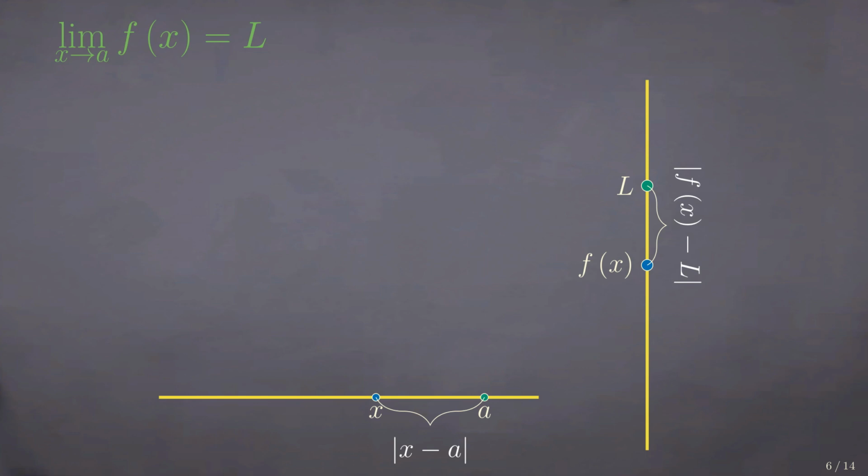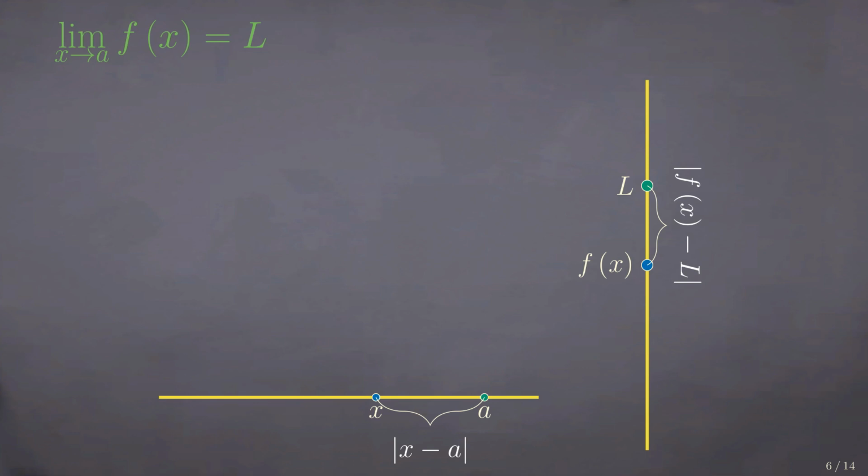So the rigorous mathematical definition of limits should be the following. By closeness, we should choose a standard for closeness, right? We'll say the absolute value of x minus a is less than 1 over 2, or less than 1 over 100.